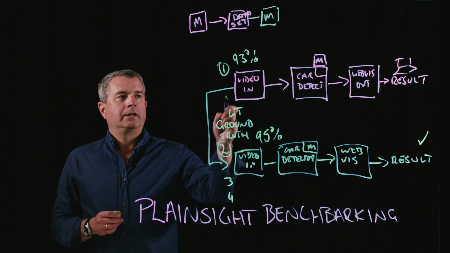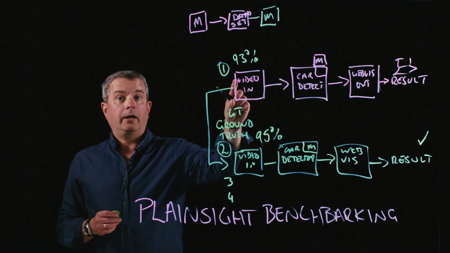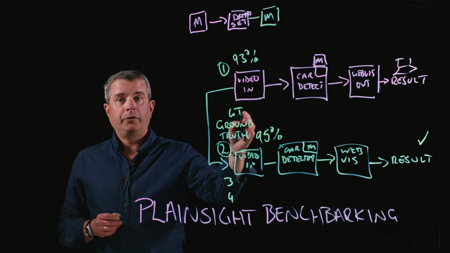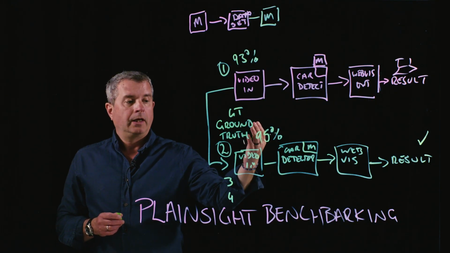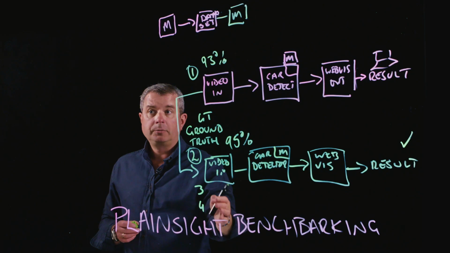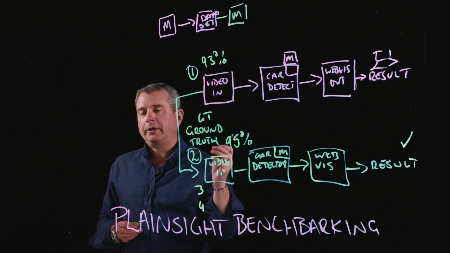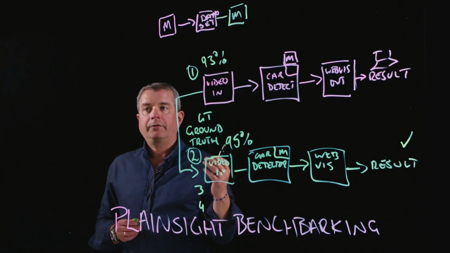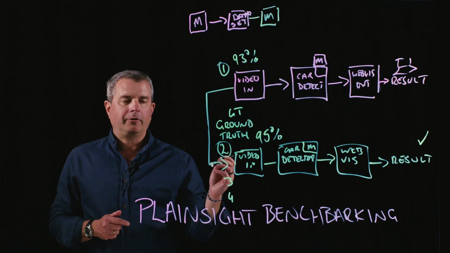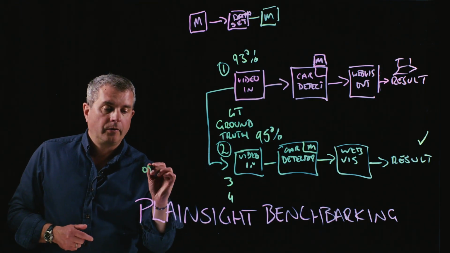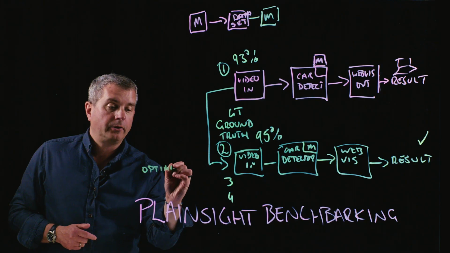This process, taking a Vision AI VisOps pipeline, comparing that against the ground truth, the known good version, and comparing multiple pipelines using different combinations of technologies, different models perhaps, different cameras, different hardware, different programming logic, is really what helps us create this optimization loop.